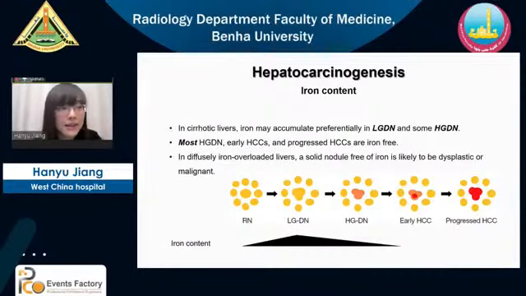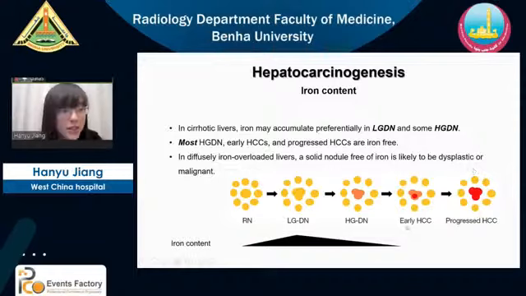In cirrhotic livers without diffuse iron deposition, iron may accumulate preferentially in LGDN and sometimes HGDN nodules. With further de-differentiation, hepatocytes become resistant to iron accumulation.